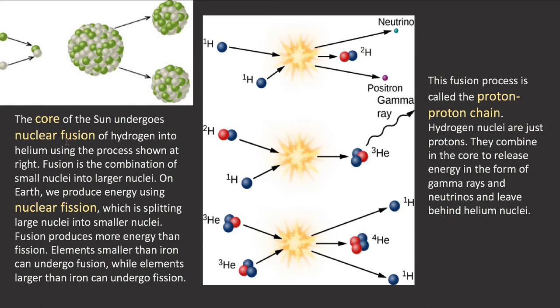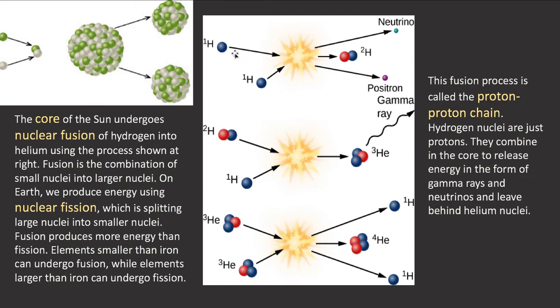Gravity squeezes the hydrogen together until fusion happens. Fusion releases energy, and the pressure from that reaction is what pushes back against gravity, and ultimately the sun finds its equilibrium.